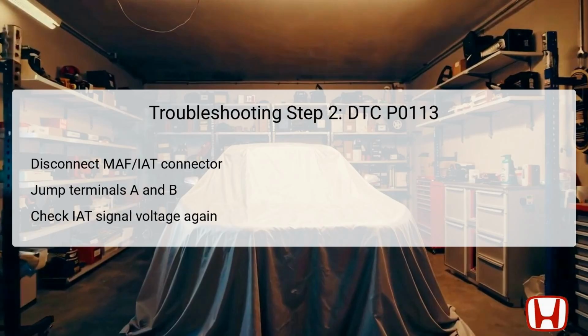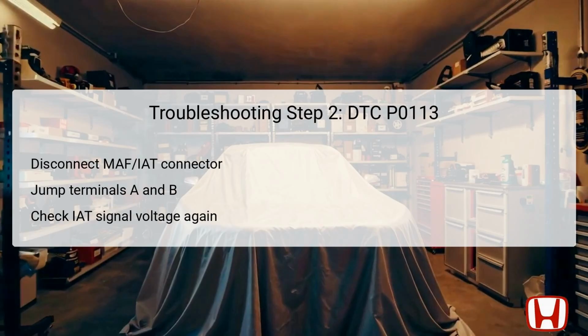Terminal A corresponds to the number 4 position and terminal B to the number 5 position of the connector. Once the jumper wire is in place, turn the vehicle to the on mode again and use the HDS to measure the IAT sensor's voltage. If the reading exceeds 4.92 volts, continue to the third step of the troubleshooting process.